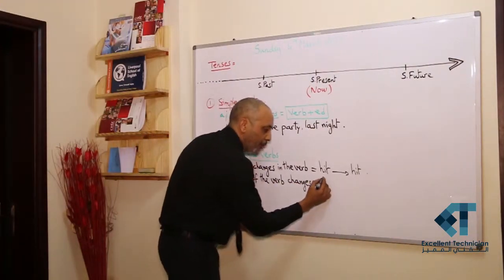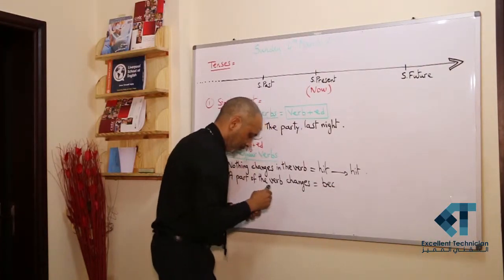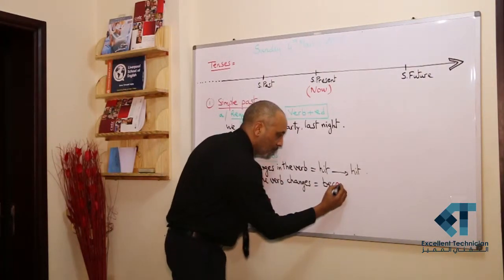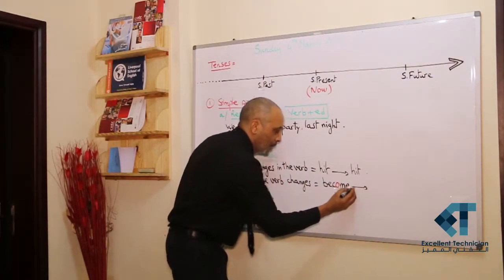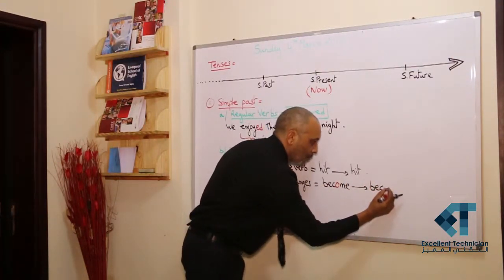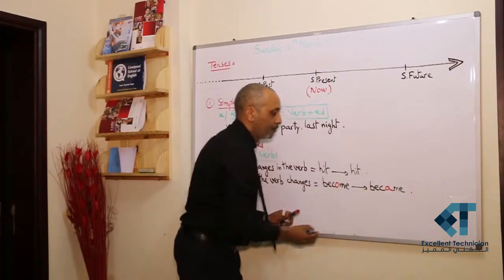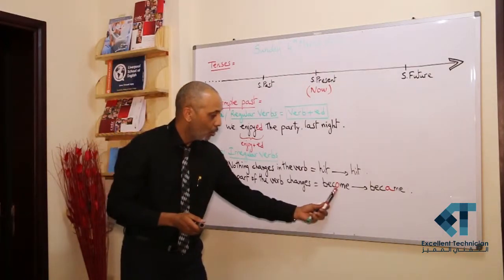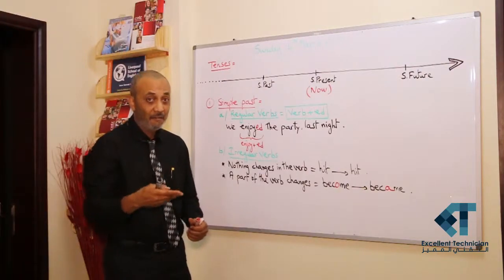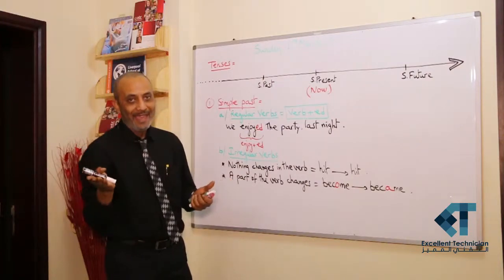Example, verb to become in the past, became. Become with O, became with A. Like give, gave. Give with I, gave with A.